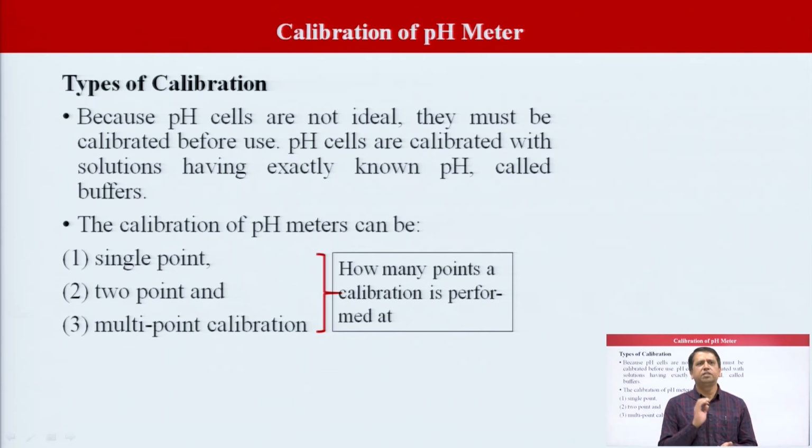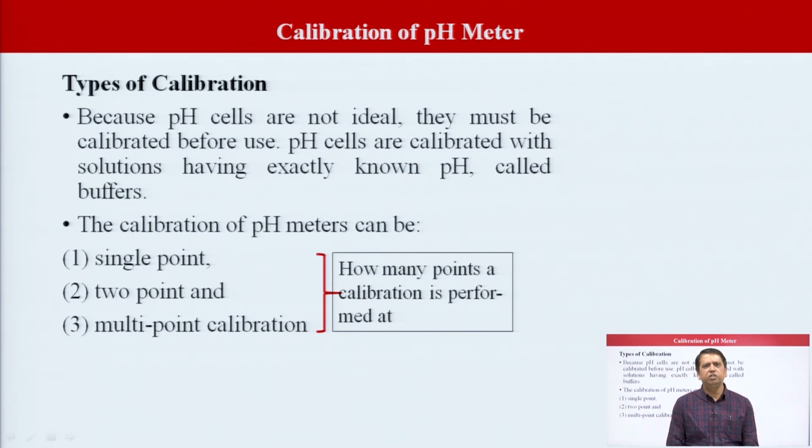These pH cells are calibrated with solutions having exactly known pH, and the solutions of a known fixed pH are known as buffer solutions. So, these buffer solutions are used for calibration of pH meters.